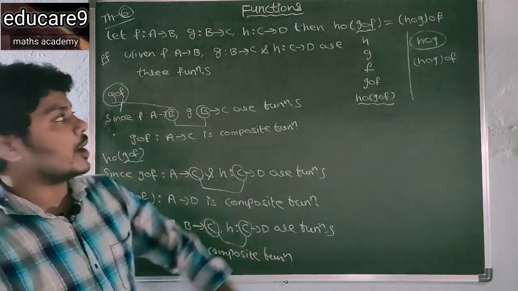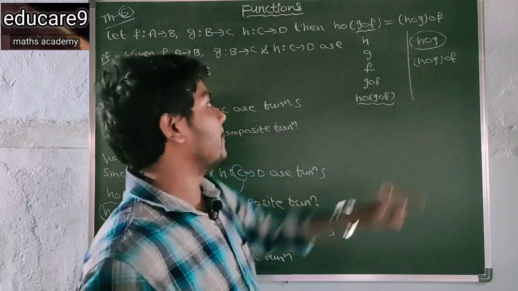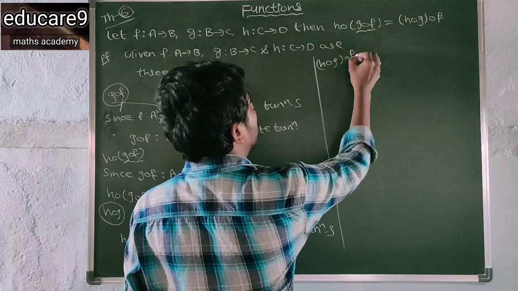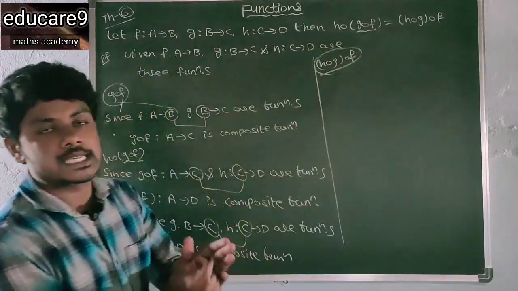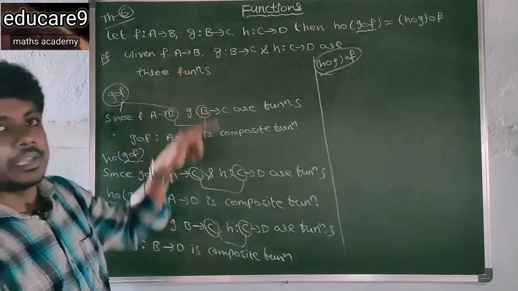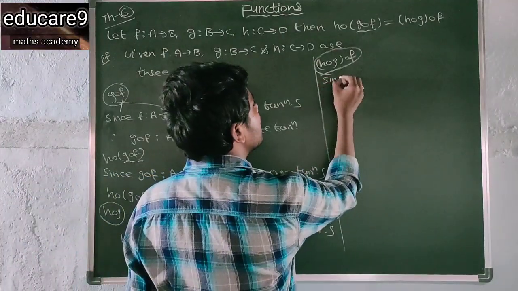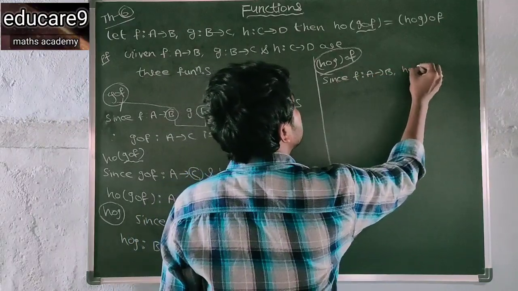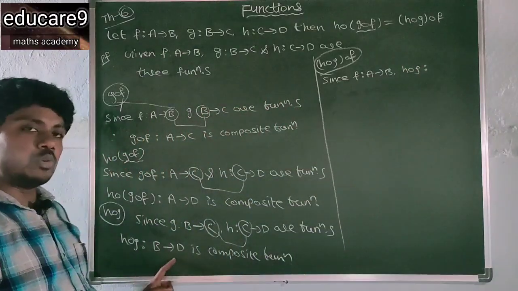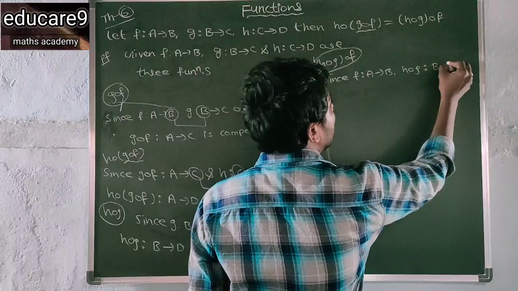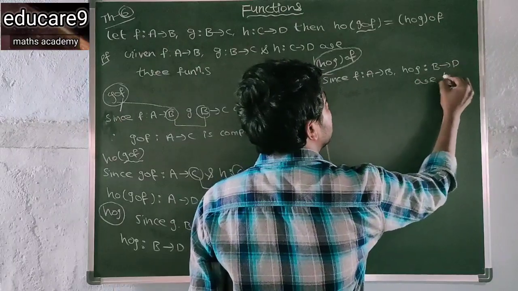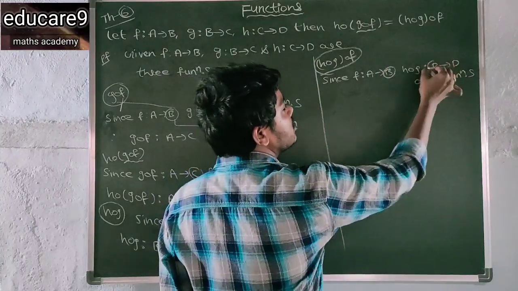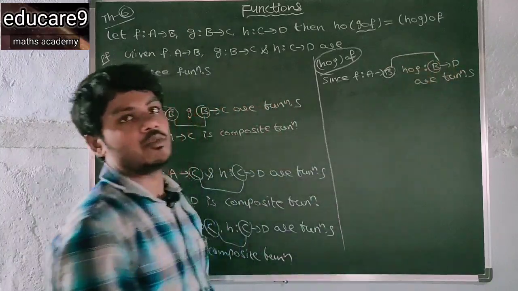So next, the last one, we want to write H circle G circle F mapping. First write which one? The second one, that is F mapping, A to B. So since F from A to B, comma, H circle G from B to D are two functions, then clearly codomain of F is equal to domain of H circle G. So both are equal.